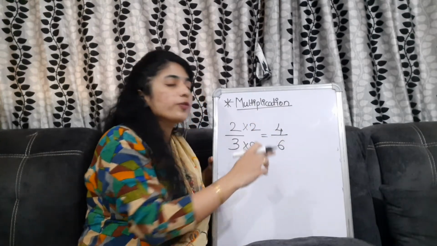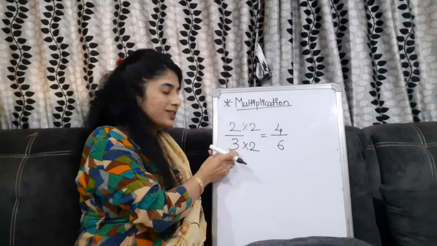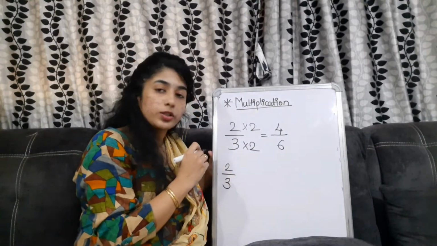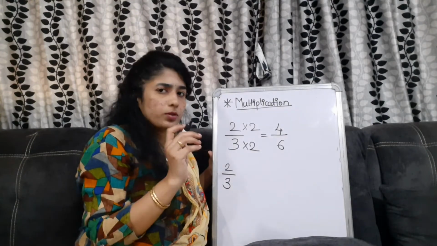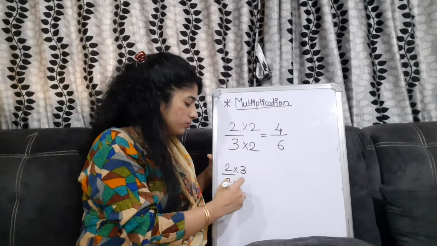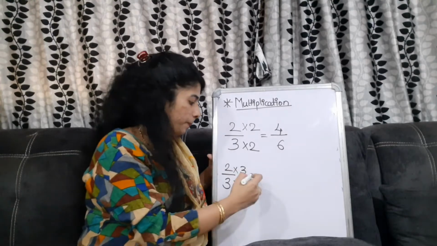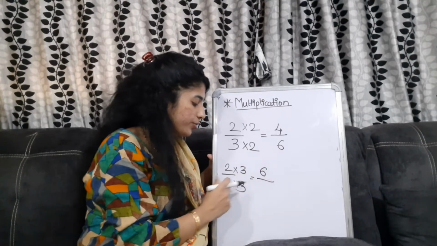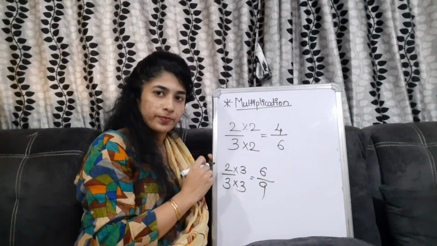Like that, if I want to find another equivalent fraction of the same fraction, 2/3, I'll multiply both numerator and denominator by the same number. I took 2 over here, so I'll go for 3 now. So 2 3s are 6 and 3 3s are 9. Understood?